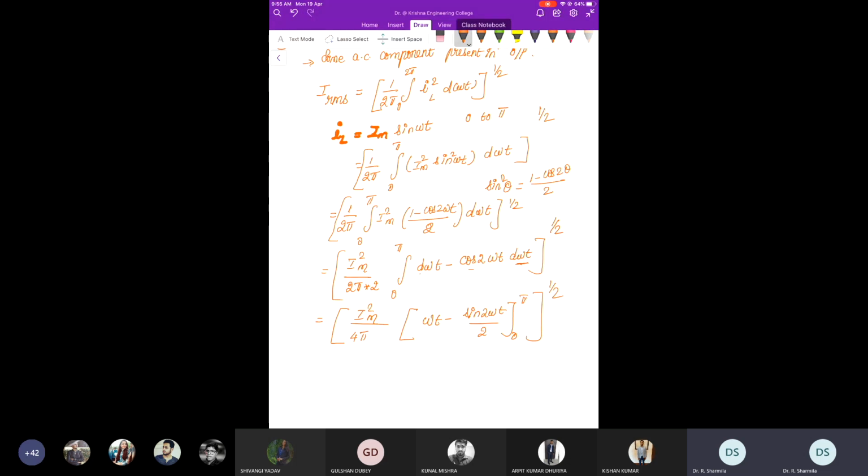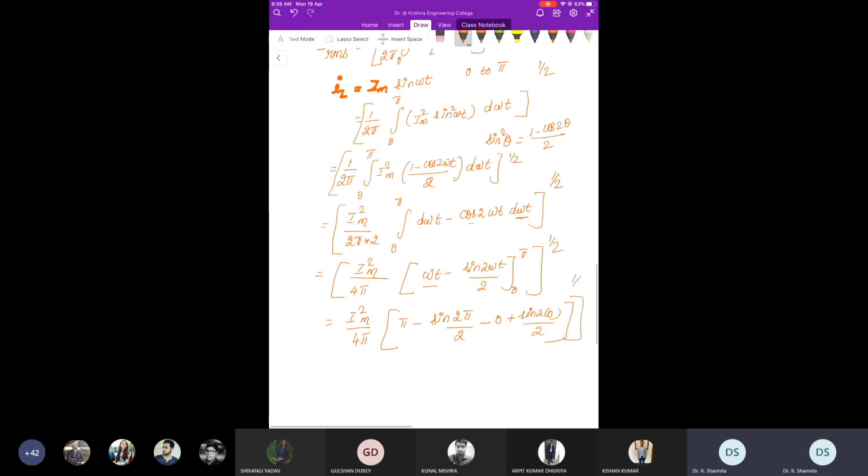So I can write it here: Im squared by 4 pi, just substituting the value, pi minus sine 2 pi by 2, minus 0. For the lower limit 0, sine 2 times anything into 0 is 0 only. Here sine 2 pi value is 0 only, so pi minus 0 plus 0, whole power 1 by 2.